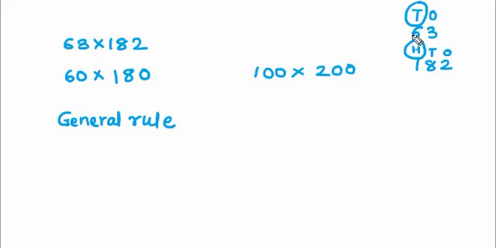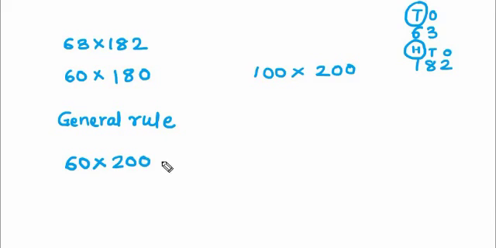So in 63, the highest place value is tens, so we will round off 63 to tens, and hence we'll get 60 multiplied by, in 182, the highest place value is 100. So we will round off 182 to the nearest 100, and hence we'll get 200 here.